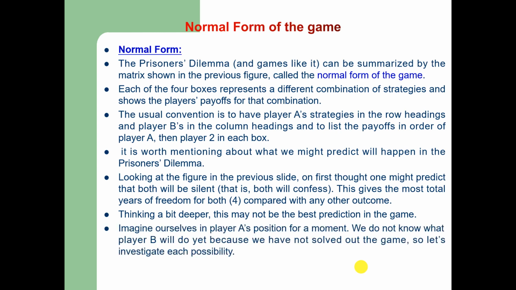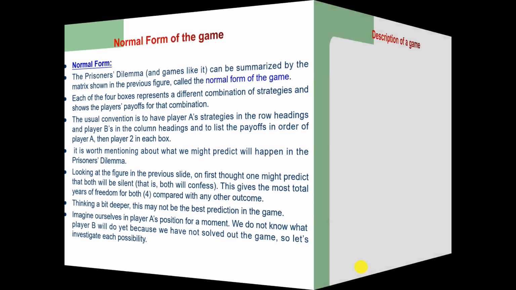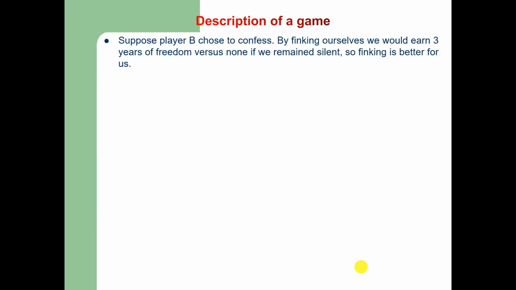Why? Let us imagine ourselves in player A's position for a moment, and we do not know what player A will do yet because we haven't solved the game. So let's investigate each possibility. Suppose player B chooses to confess.